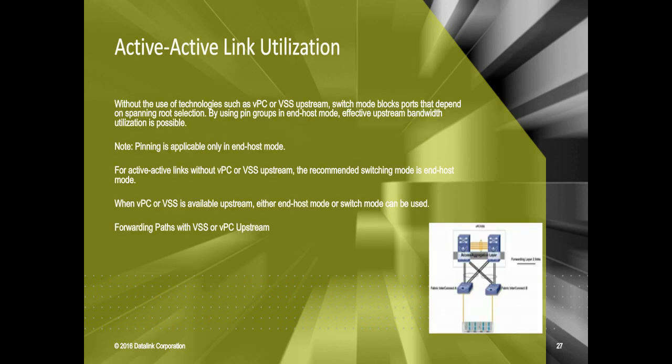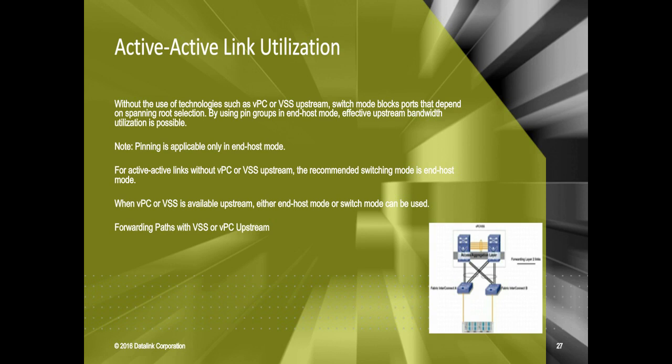Now, we have active link utilization. Without the use of technologies such as virtual port channel or VSS upstream, switch mode blocks ports that depend on spanning tree route selection. By using pin groups in end host mode, effective upstream bandwidth utilization is actually possible. Now, pinning is only applicable in end host mode.